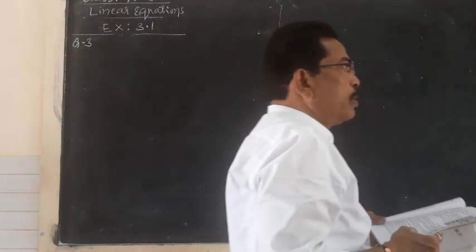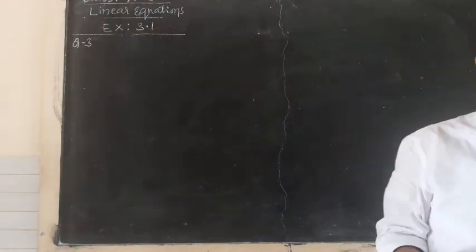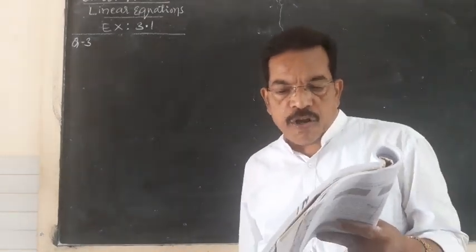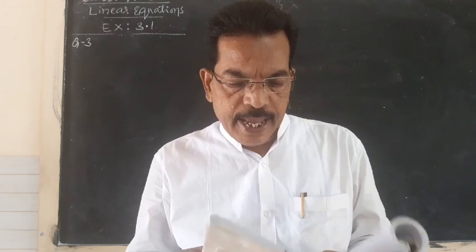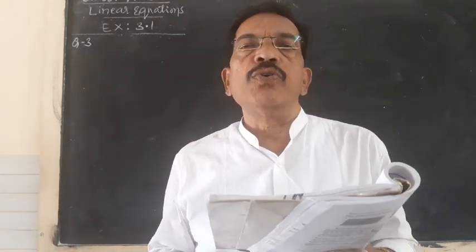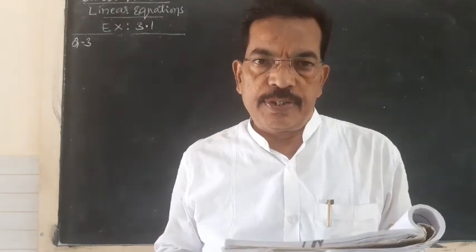Okay, now the question number 3. I will read the problem. The cost of 2 kg of apples and 1 kg of grapes on a day was found to be 160 rupees.